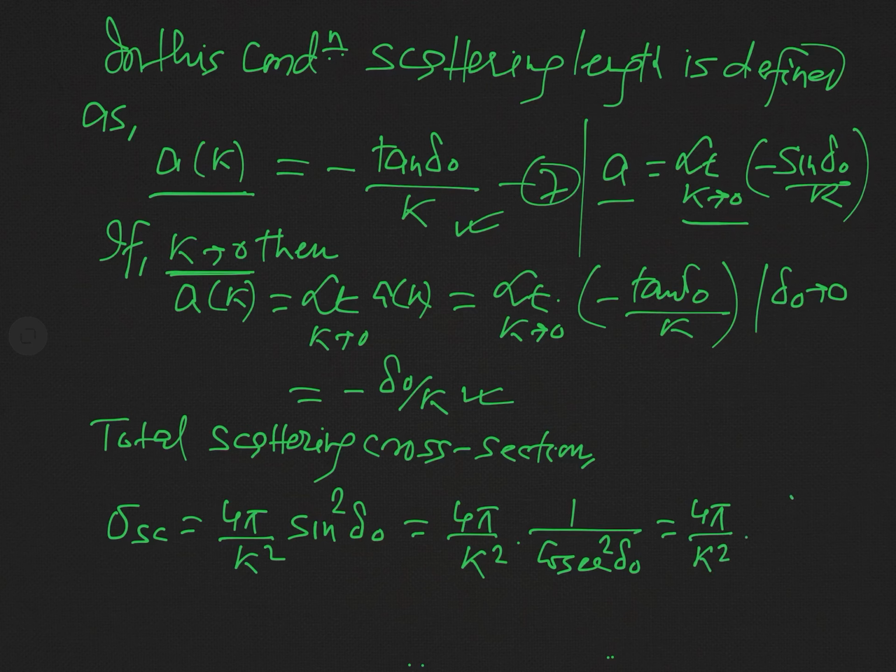And you can write it 4 pi by k square into 1 over 1 plus cot square delta naught. It is just a trigonometrical formula, you know it. And further we can simplify this result.